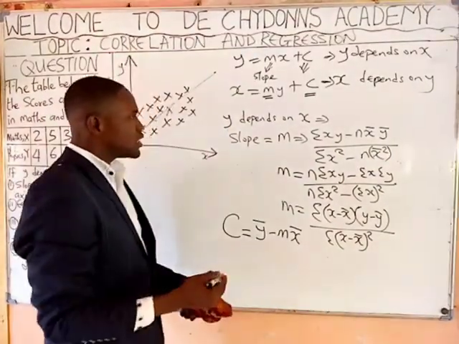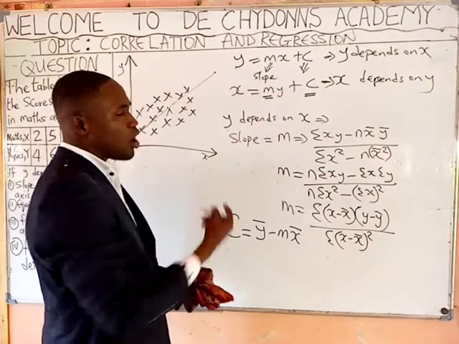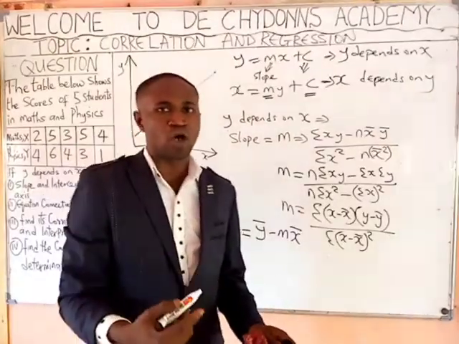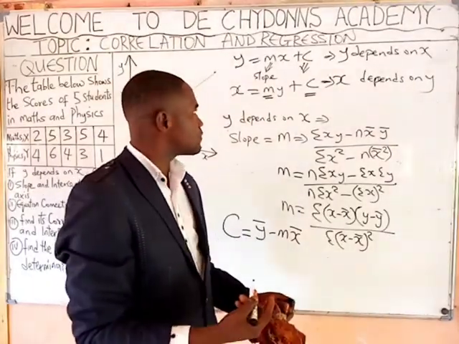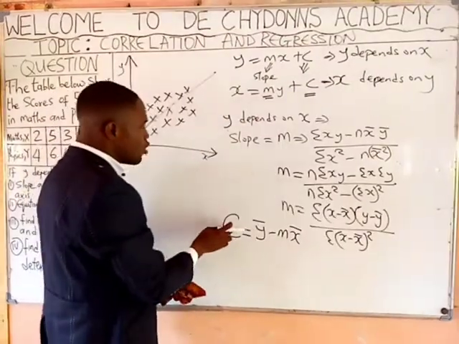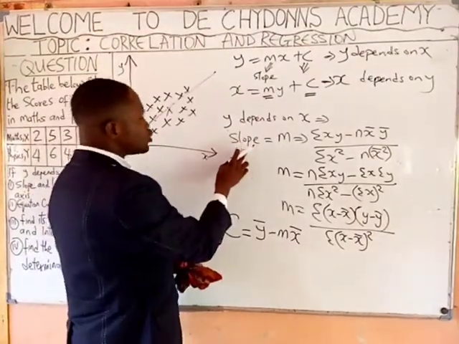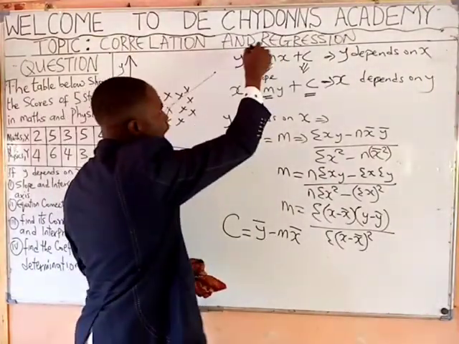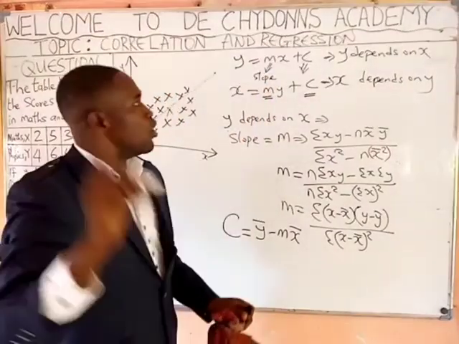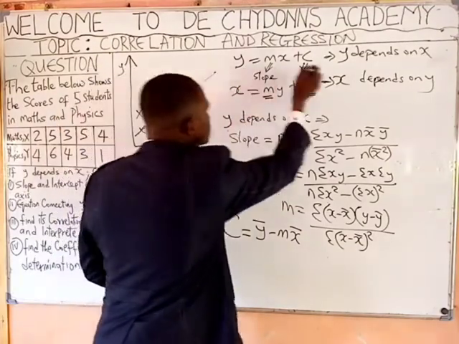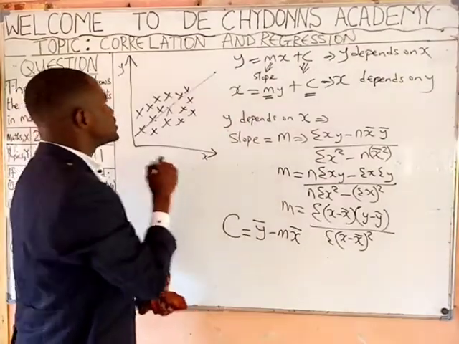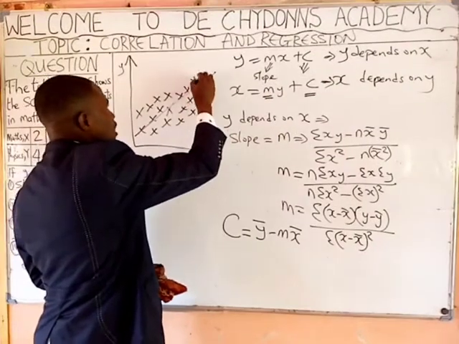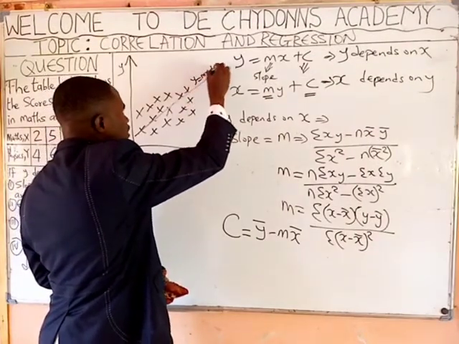Now we want to see how we can determine all these parameters, but when we go to the question, we will see how to get all of it. After you get the value of your c and value of your slope, when you put them into this equation y equals mx plus c, what you'll be getting is the equation of the straight line.